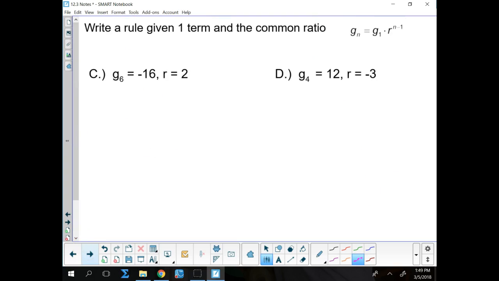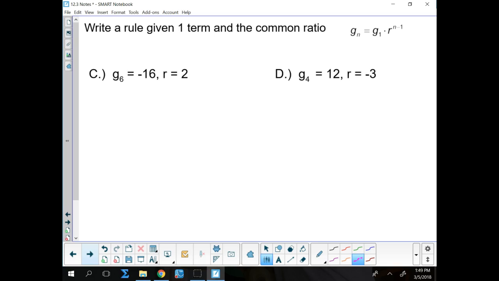Write a rule given one term. We had problems like this back in arithmetic. Okay. What do I need in order to write my rule? I need my first term, and I need the r value, right? Okay. So I need to write the rule.